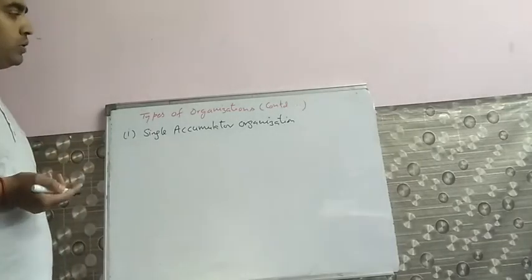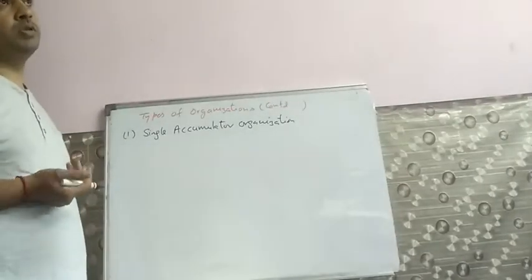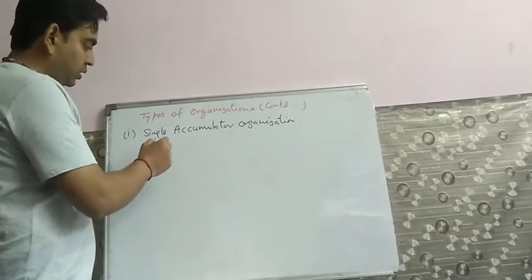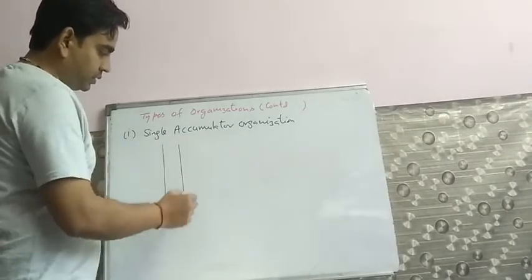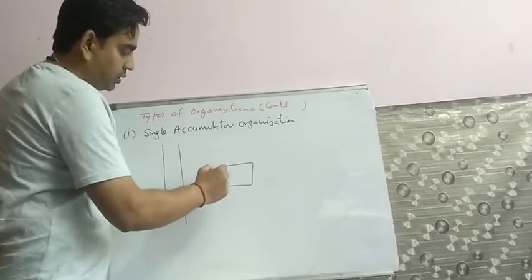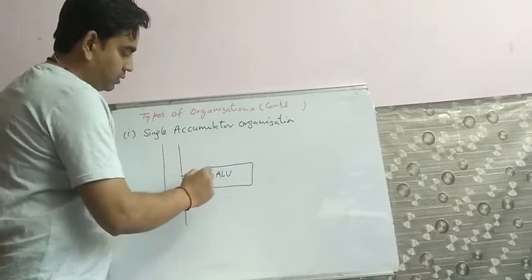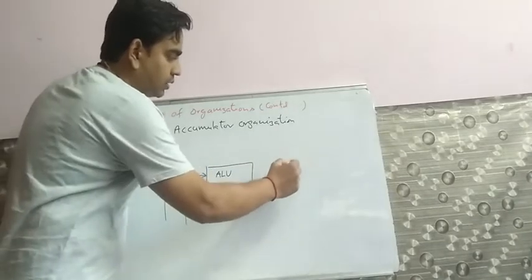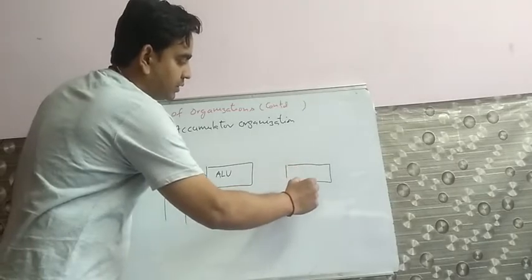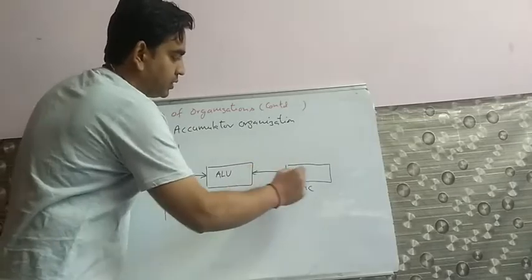So in single accumulator organization, we have a very small number of CPU registers, and as we talked earlier, the bus is connected with the ALU, and a register known as the accumulator, AC, is connected with the ALU.